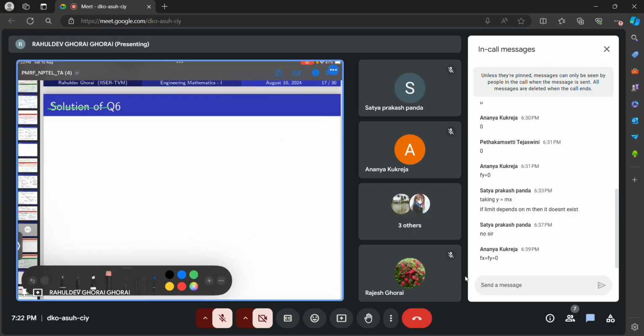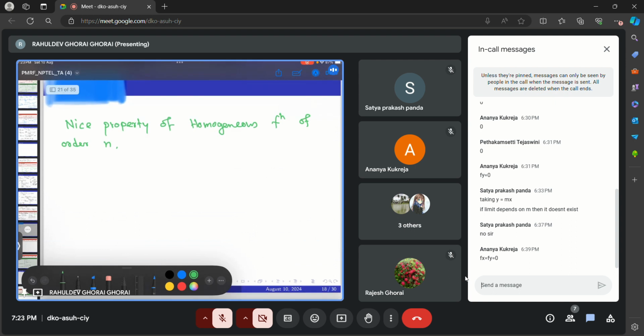So, the nice property of a homogeneous function of order n. You will see why these homogeneous functions are beautiful.